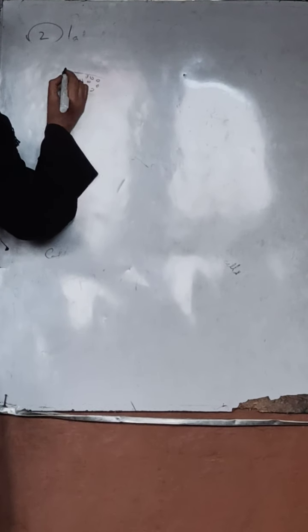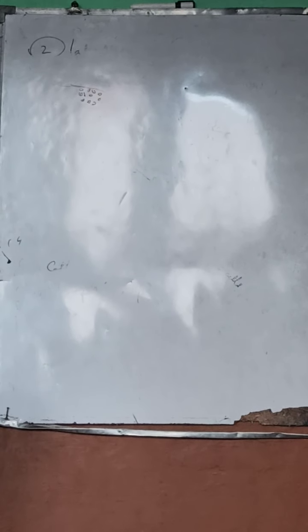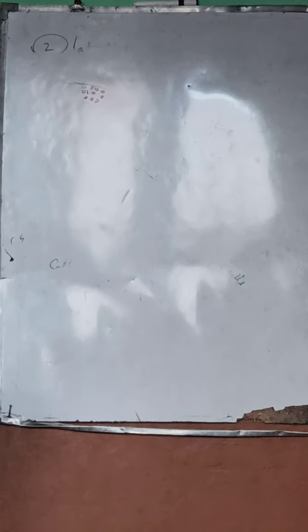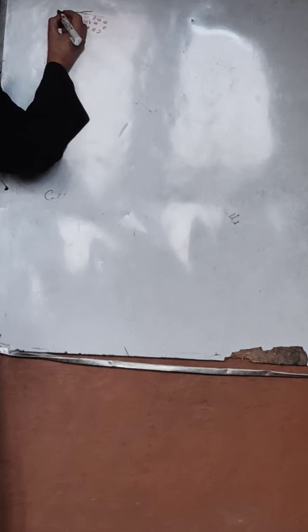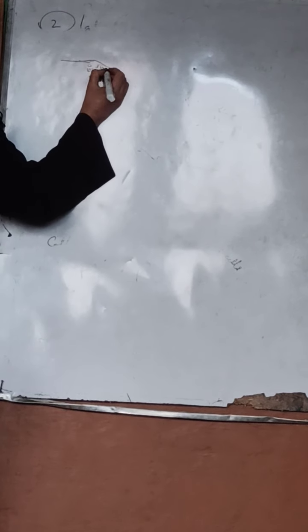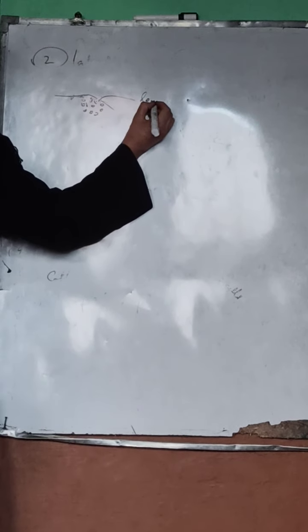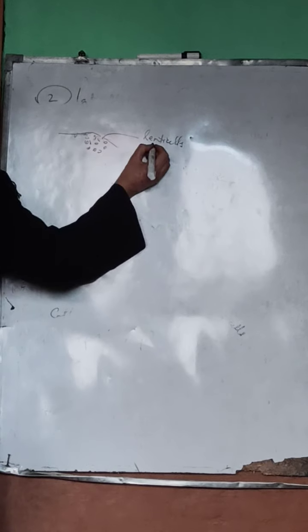Due to the cambium activity, the cork is formed first. When the cells differentiate, they form pore-like structures, small pores which we call lenticels. These are small pores present on the surface of the stem.